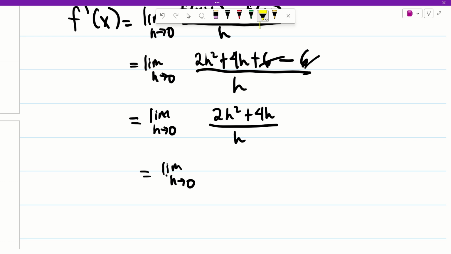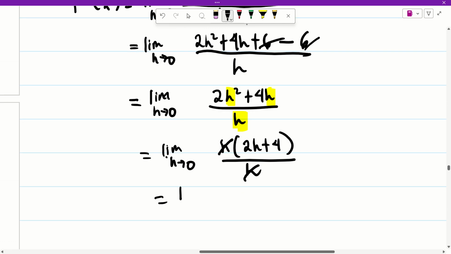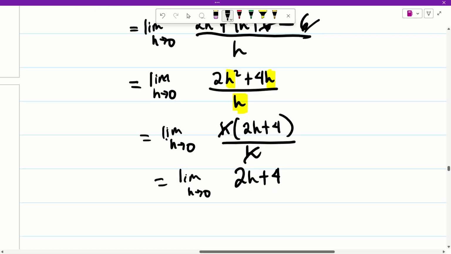So we have h times (2h plus 4) over h, so we can cancel the h, and the remaining is the limit as h approaches 0 of 2h plus 4.